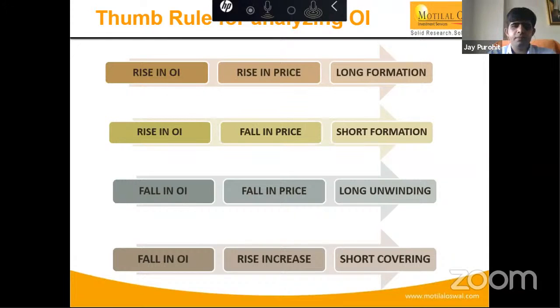So basically, open interest simply means the total open positions in the system. When we are looking at the OI activity of futures, it means the total open positions in the futures segment, and I consider the combined data.